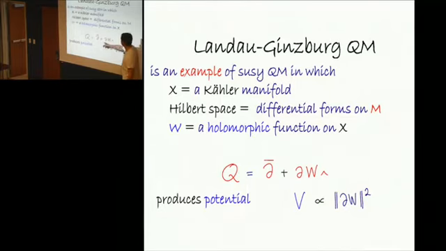If I compute the Hamiltonian, then from the QQ star part I'm going to get a potential, which is the norm square of this section.